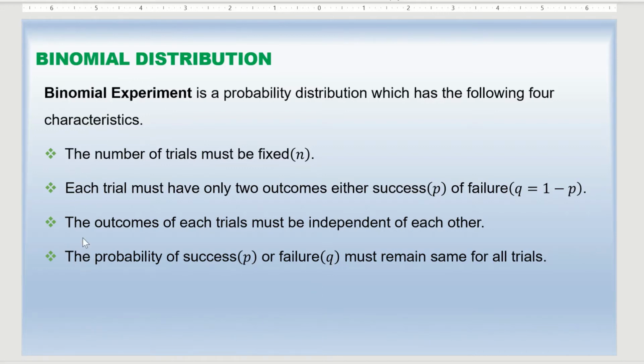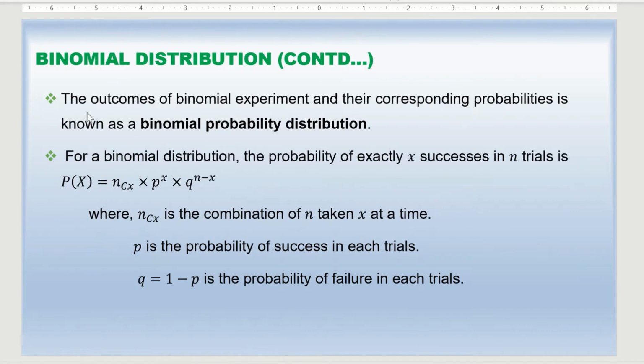If an experiment satisfies these four conditions, then we say that it is a binomial experiment. The outcomes of a binomial experiment and their corresponding probabilities are known as the binomial probability distribution. So if we calculate the probability of the outcomes of the binomial experiment, and the corresponding probabilities, then it is called the binomial probability distribution.